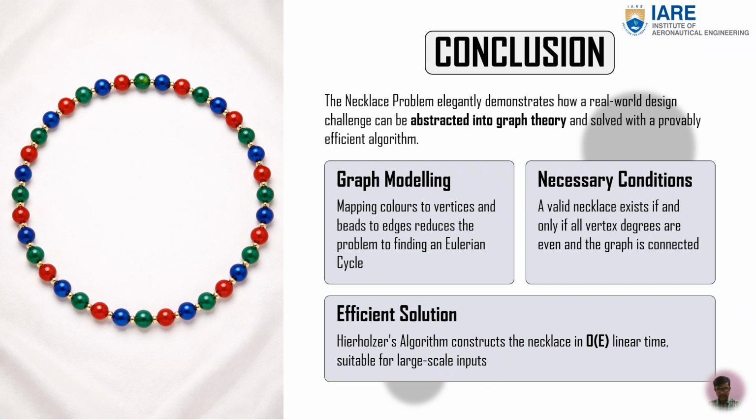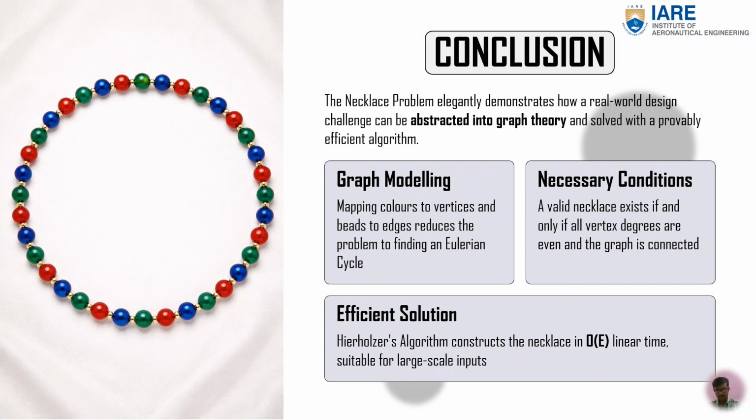Now, let's finally conclude the topic. The necklace problem elegantly demonstrates how a real-world design challenge can be abstracted into graph theory and solved with a provably efficient algorithm. Here, I would like to give three takeaways.